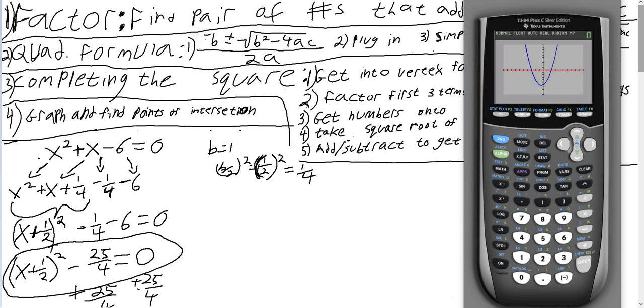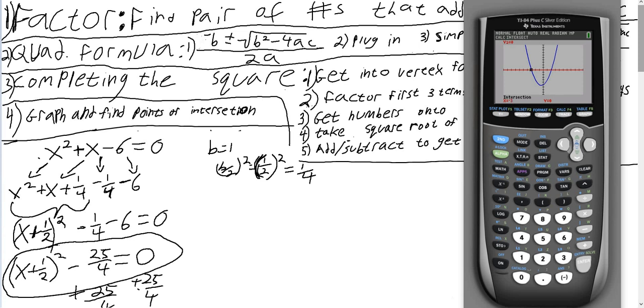So we press second, then calc, then 5 for intersect, or you can scroll to it. Let's start with the left one. I'm going to move the cursor over there. It doesn't have to be exactly on it, it just has to be closer to one than the other. And press enter 3 times. 1, 2, 3. And what's important is the x value.